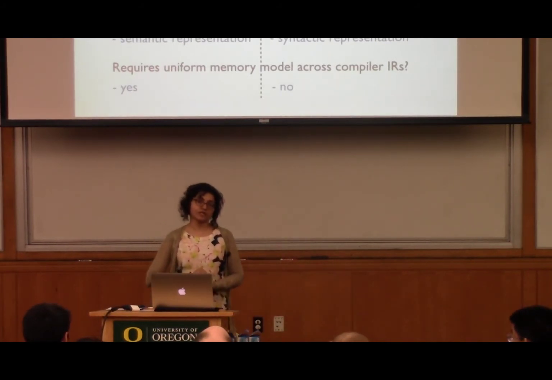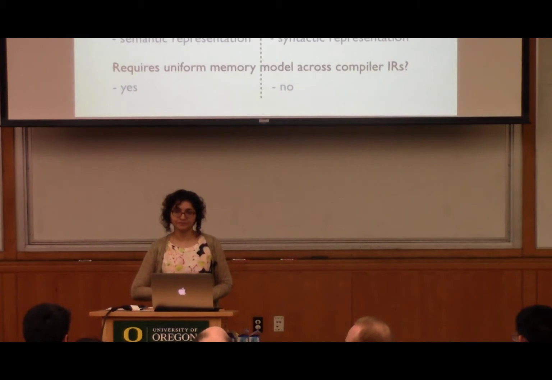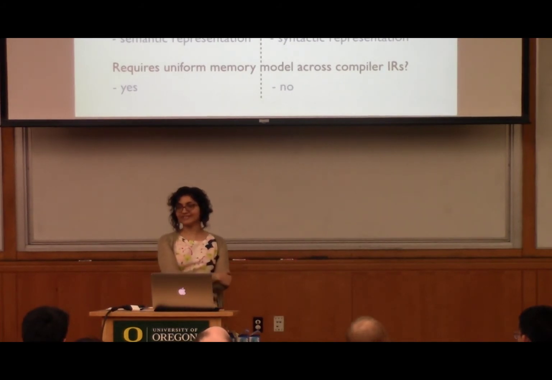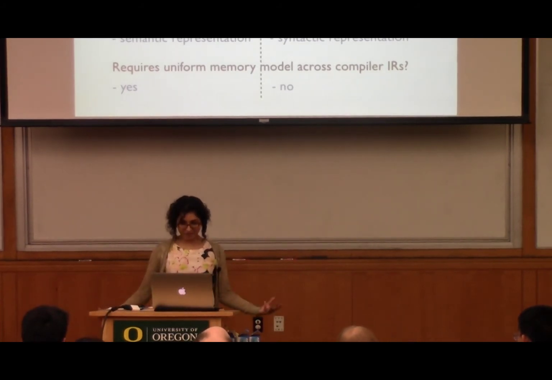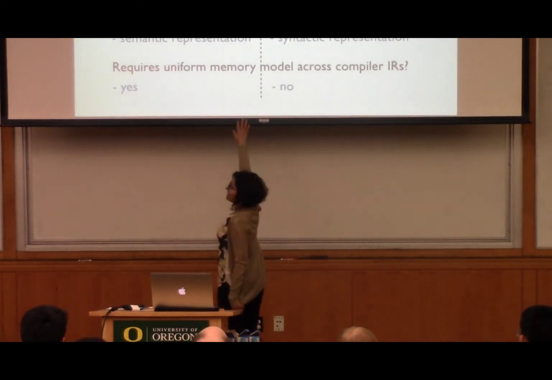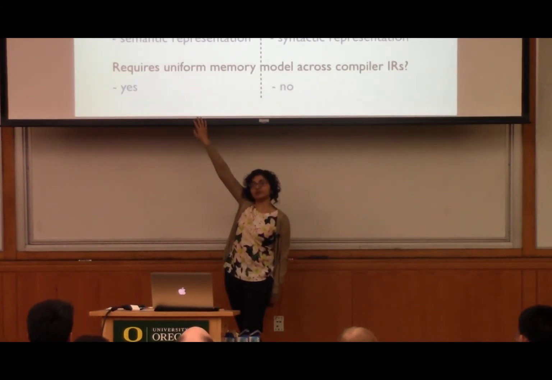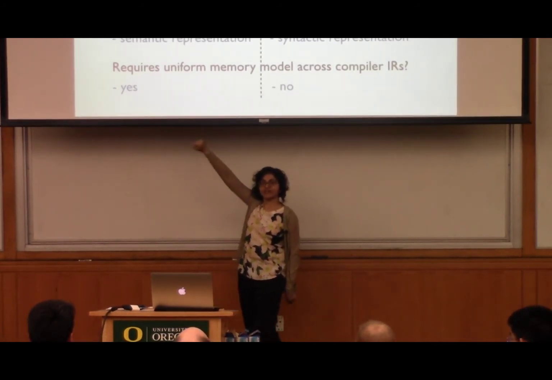But is that dependent on a uniform memory model across the IR? So the nice thing about the multi-language approach is you don't need a uniform memory model, right? Sorry, was that obvious? No, that's my last point. Compositional CompCert requires a uniform memory model across anything that interacts.